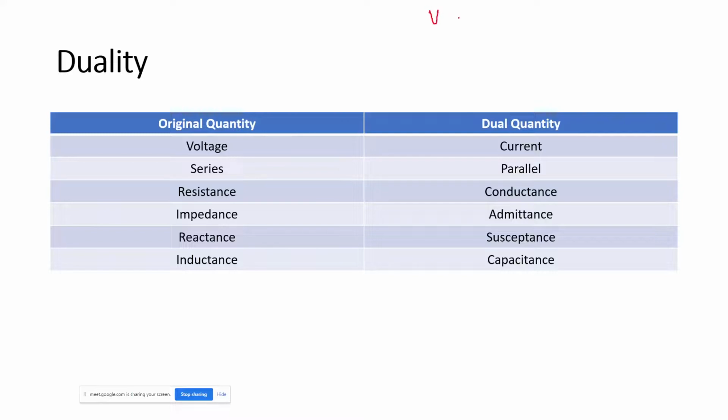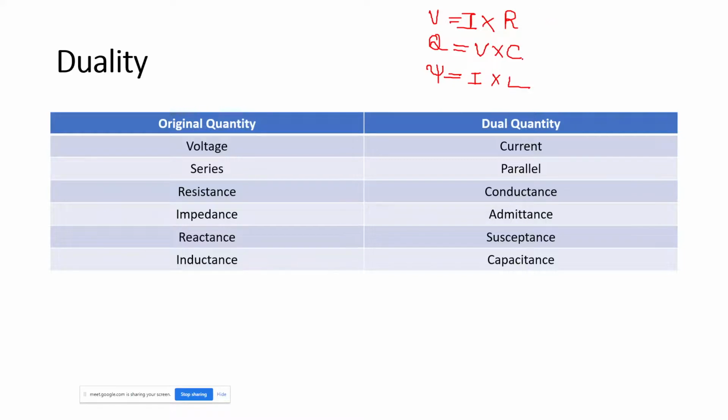Resistance comes from Ohm's law, V equals I into R: the voltage across a conductor is proportional to the current flowing through it, and the constant of proportionality is the resistance. Similarly, the charge stored across two plates is the voltage across the plates into a constant known as the capacitance. Similarly, the flux linking a coil equals the current flowing through the coil into a constant known as the inductance.